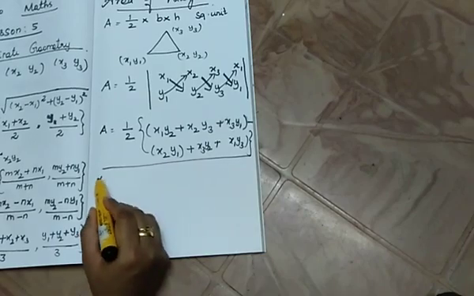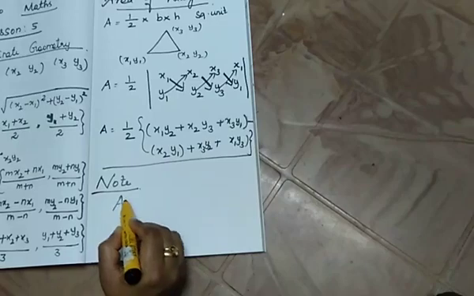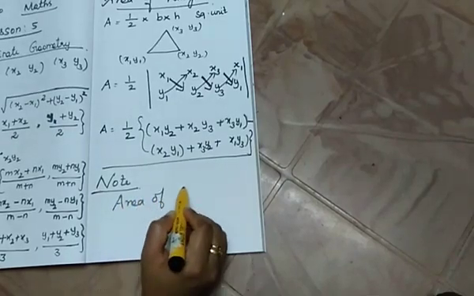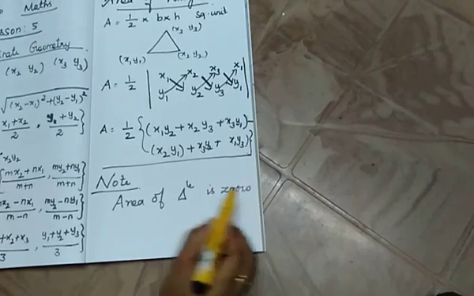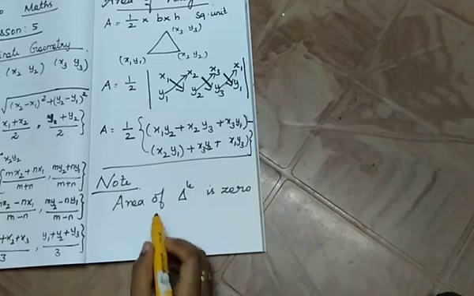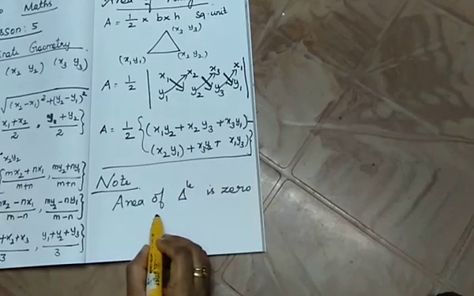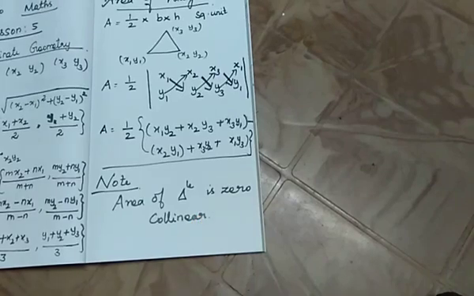Now, while finding, if you get the area of the triangle as 0, then you will be getting questions where 3 points are given and they ask you to check whether these 3 points are collinear or not.